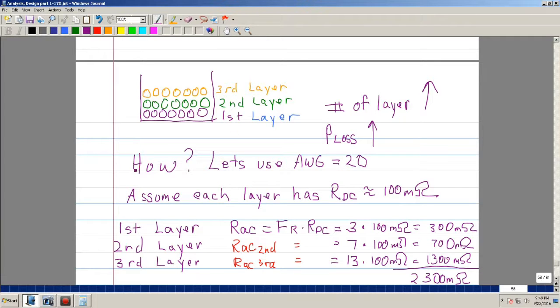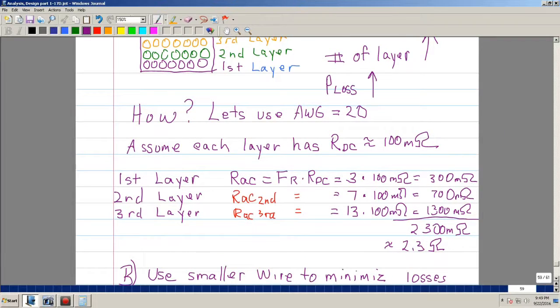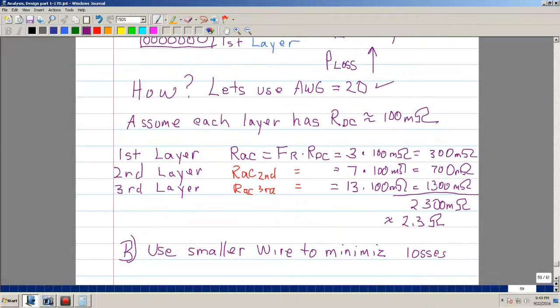So this is the example that I'm going to be using. Let's use the example that I used and use an American wire gauge of 20. And let's assume that I have a DC resistance of 100 milliohms.